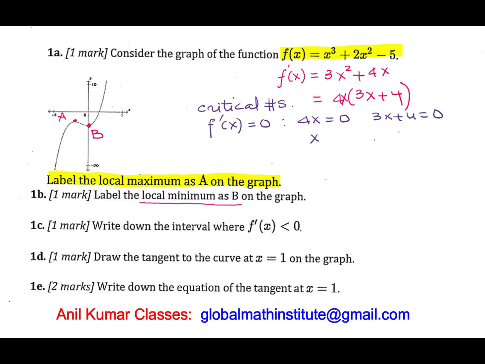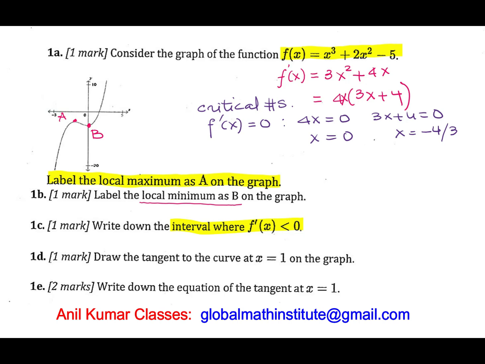That gives you x equals 0 or x equals minus 4 divided by 3. So we got two critical numbers. We really need to find the interval where the derivative is less than 0, meaning negative.